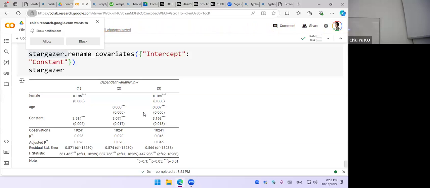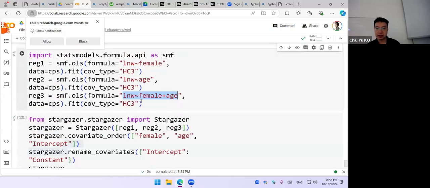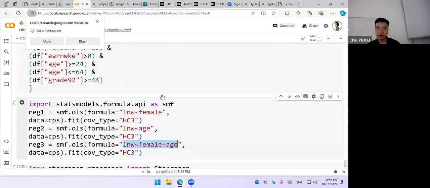Usually you have a long list of regressions and you check all the stars, and that's what we do. So suppose you want to have something like age squared, you would do a similar thing. Suppose I have something like the following.